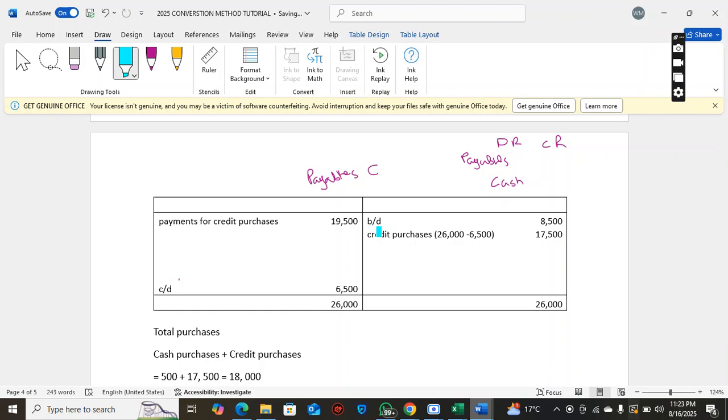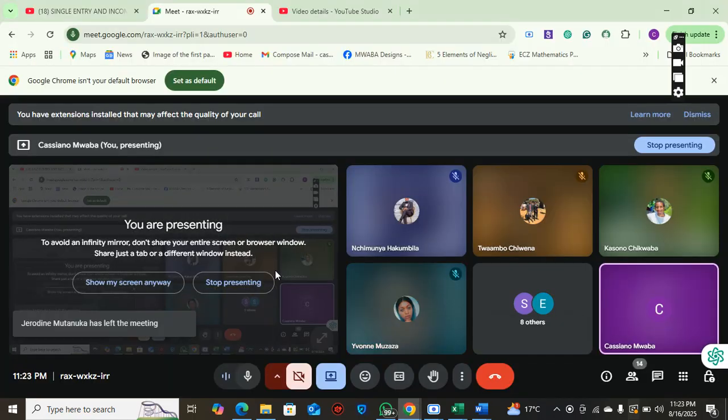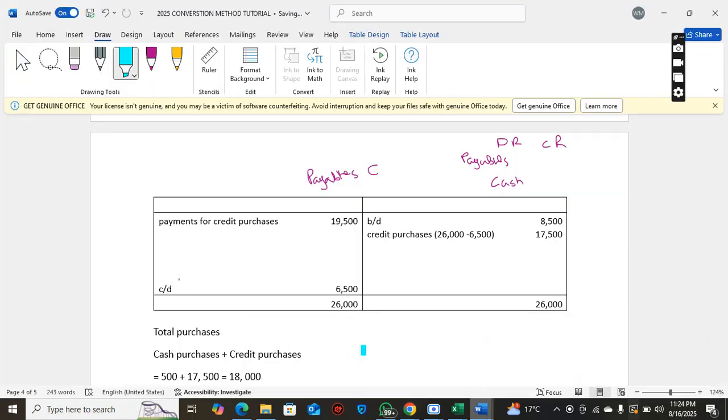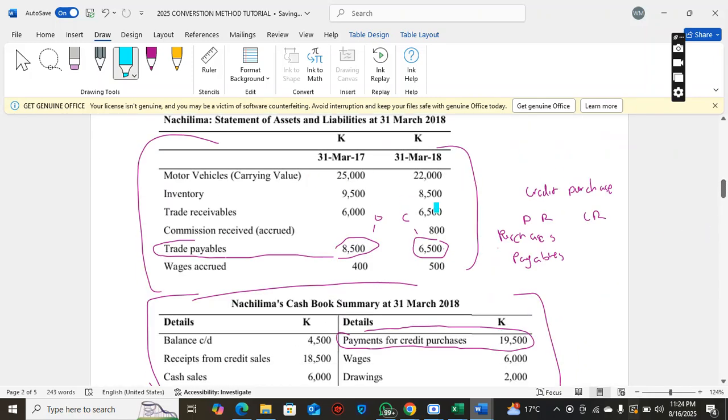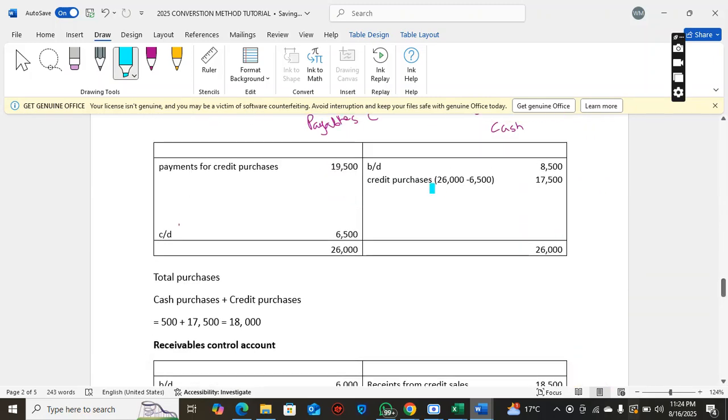We wanted to get our credit purchases from the payables control account. So the first thing we need to do, step one, is get the balance brought down and the balance carried down from the information given here.